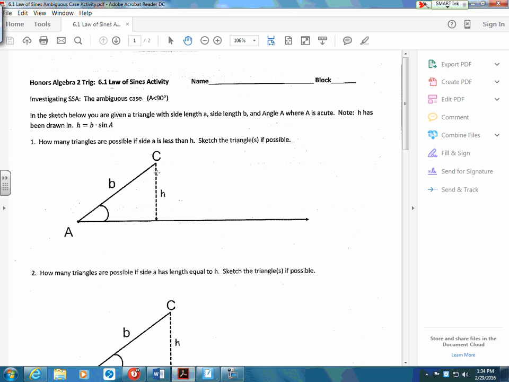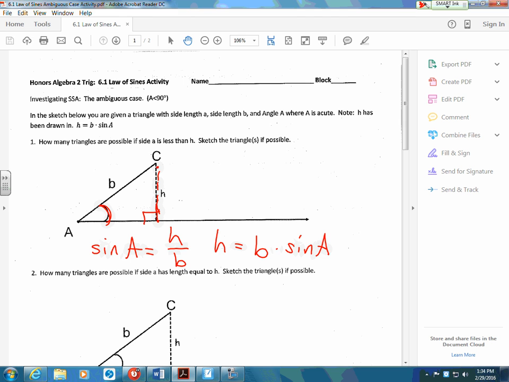It's going to be the perpendicular here across from angle A, and you know that if this was a right triangle, and it is by drawing this H, that we have, using SOHCAHTOA, that the sine of angle A would be equal to what over what? H over B. Thank you. So that means if I want to solve for H, H is equal to B times the sine of angle A. Would you agree with that?